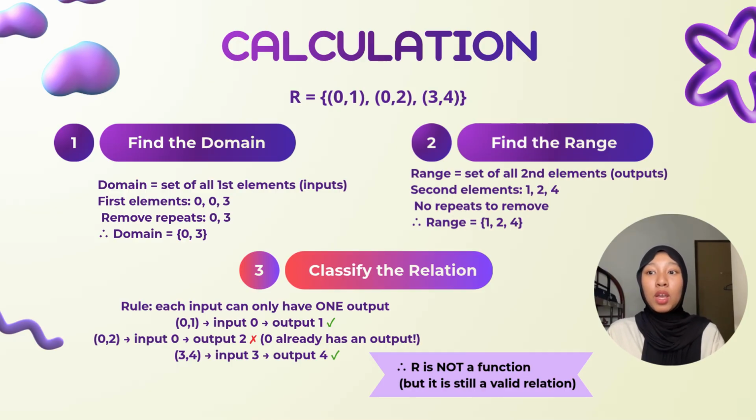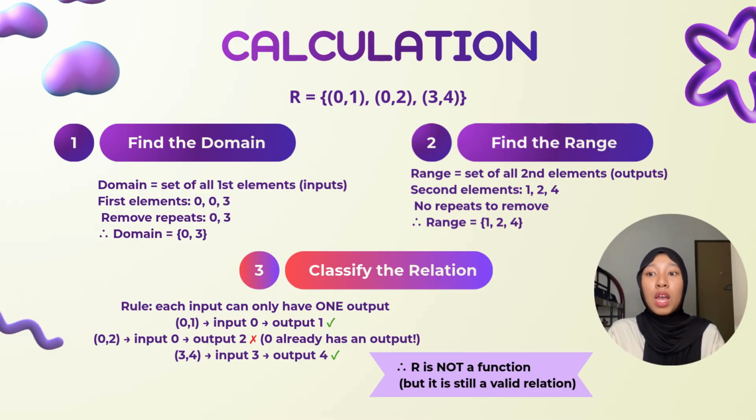Next, step 3. We classify the relation by checking the function rule. So we go through each pair one by one. First, (0,1). Input 0 goes to output 1. This is the first time we see input 0, so this is fine. (0,2): input 0 goes to output 2. But wait, input 0 already appeared in the previous pair.